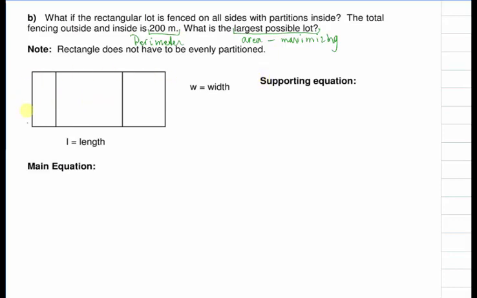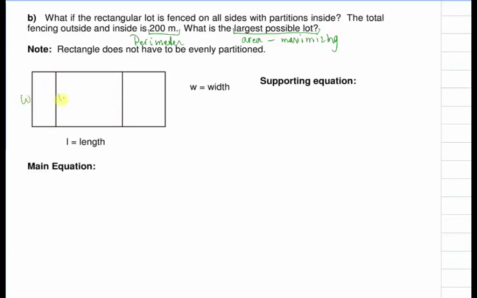Now, this diagram is different from your other one for 2 reasons. One, you don't have a river bounding one side of your property, and you have partitions this time. So when we go to assign our variable W for the width, notice we've got 4 widths. You've got the 2 that form the rectangle, and then you have the 2 that partition the inside of the rectangle.